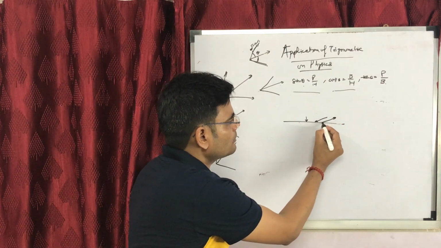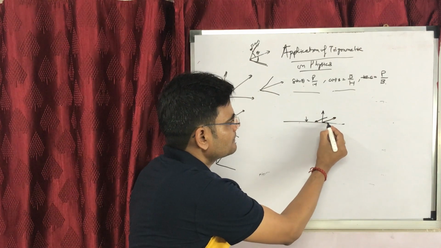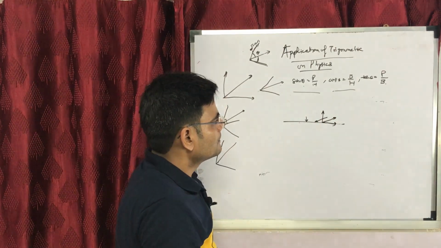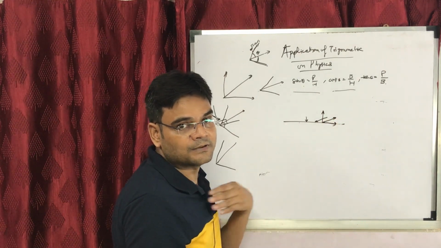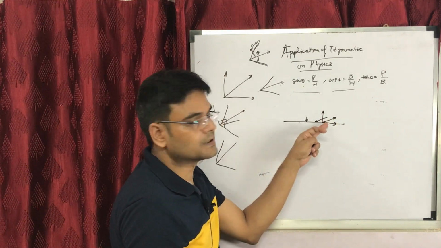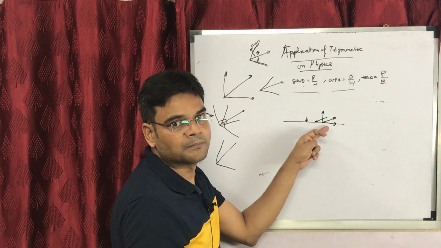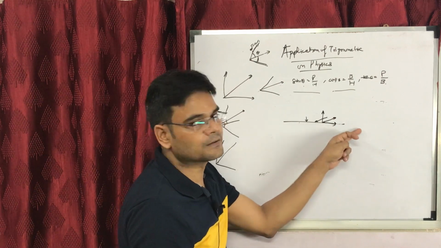Now there are two components of that force. We don't fly because our gravity, our weight, balances that out. But there is nothing stopping us horizontally.